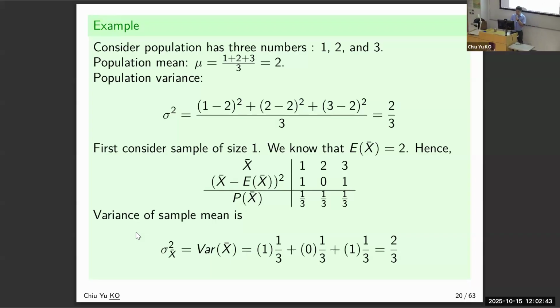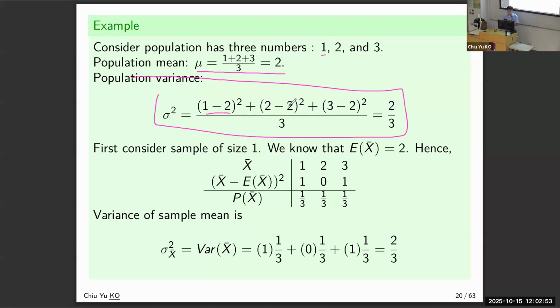Again, the population mean is 2, which we know very well. Okay. And the variance is just subtract each observation by the mean and take square and do everything, right? Get 2/3 first. So now look at the sample mean of size 1. Okay. We know that on average you get 2, right? Because this is the mu, right?